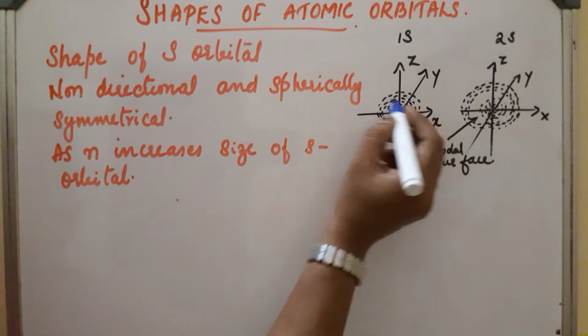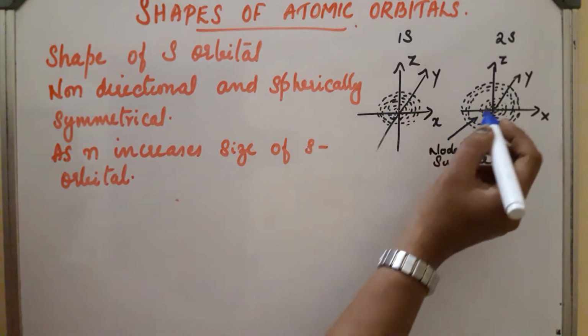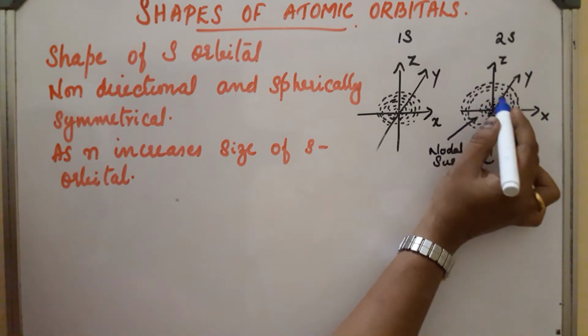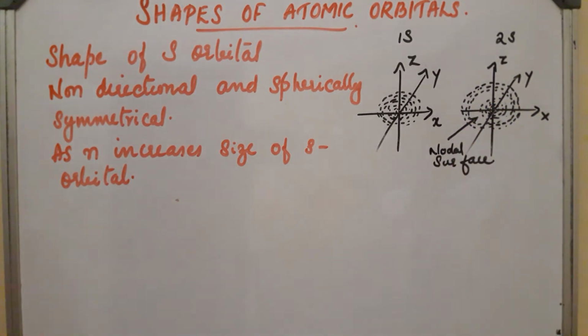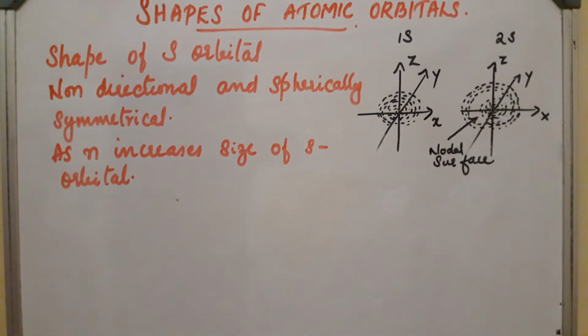There is no space in between, since there is no node in the case of 1s orbital. But in the case of 2s orbital, we can see there is a region where the probability of finding the electron is 0. This represents a nodal surface. And the dots represent the probability of finding the electrons.